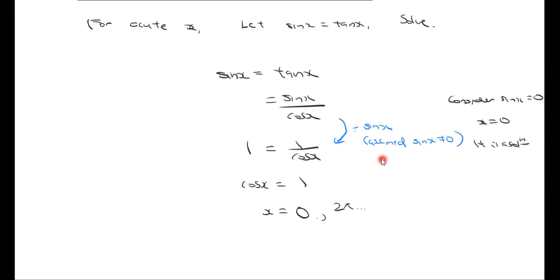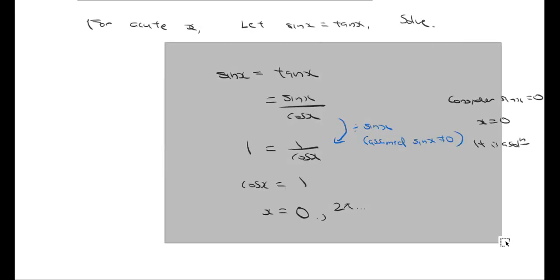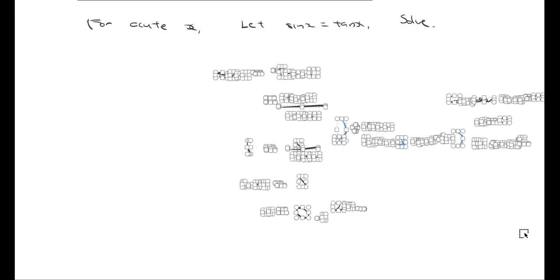But that doesn't really change anything because we already know x equals 0. But what matters is the fact that you eliminated a solution, even though it just happened to be here anyway. Yeah. Okay, so be careful with that. So if you're doing it that way, you need to consider when sin x equals 0. So I probably wouldn't do it that way.